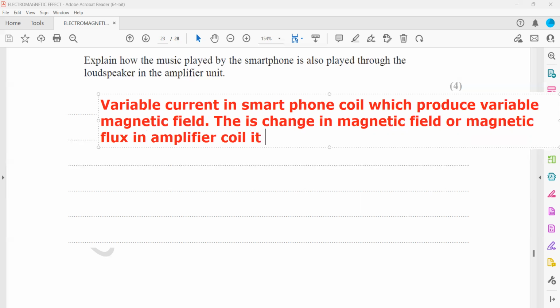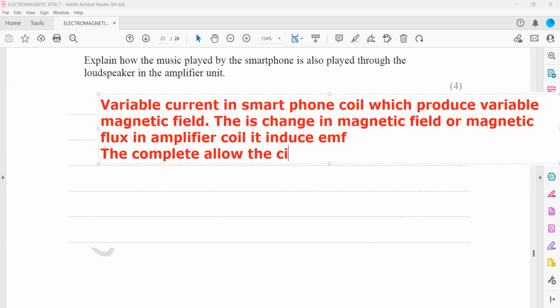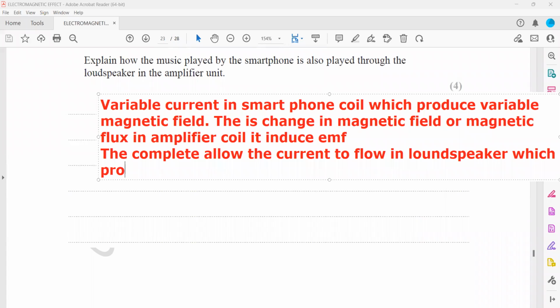It induces or produces an EMF. And the complete circuit allows the current to flow in the loudspeaker, which produces the sound. So this is what actually happens.